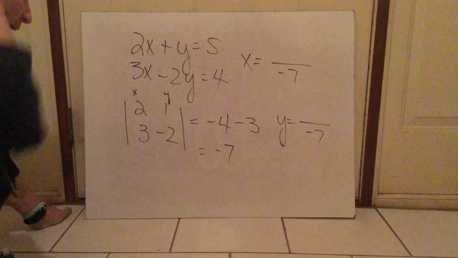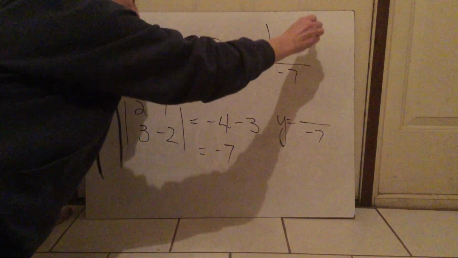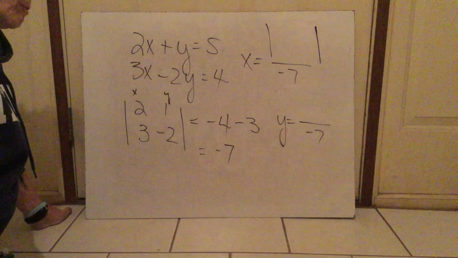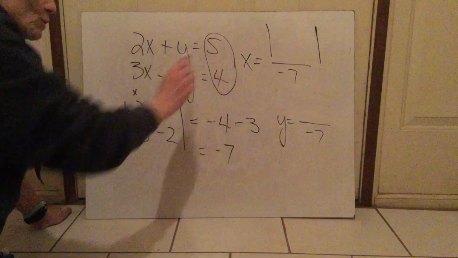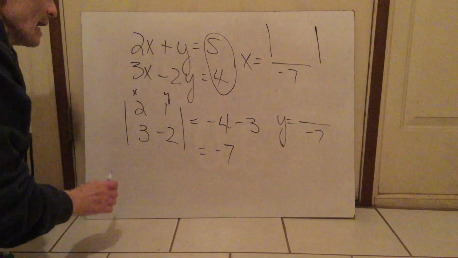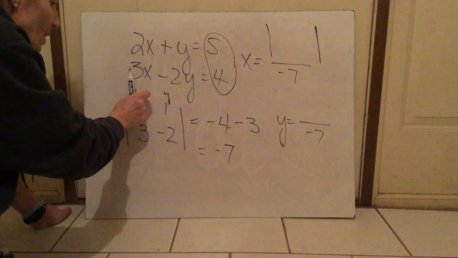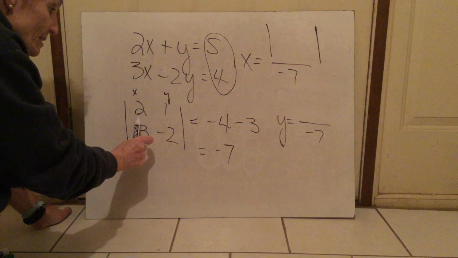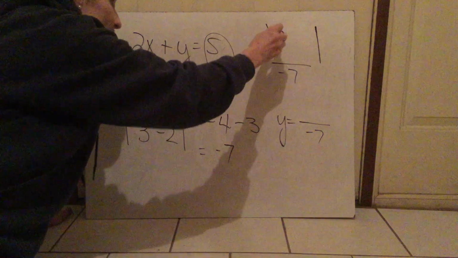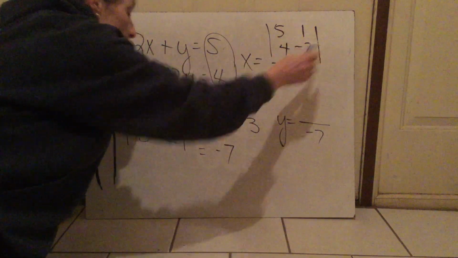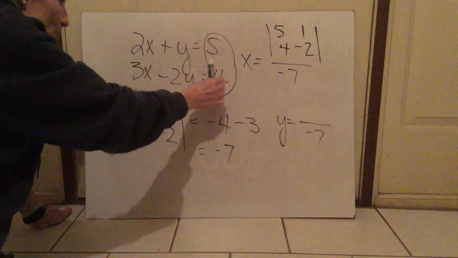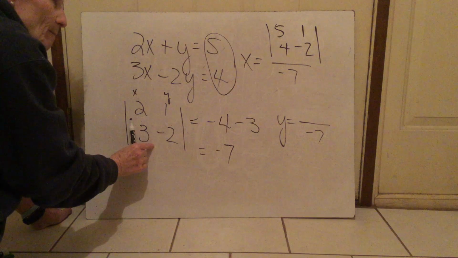Now, to find our x numerator, it's another determinant. And remember, we cut these numbers out. We haven't used these numbers yet. We cut them out and we paste them right here on top of the x's. So we have a 5 and a 4 here. And then our 1 and negative 2 don't change because we simply cut this out and pasted it right here.